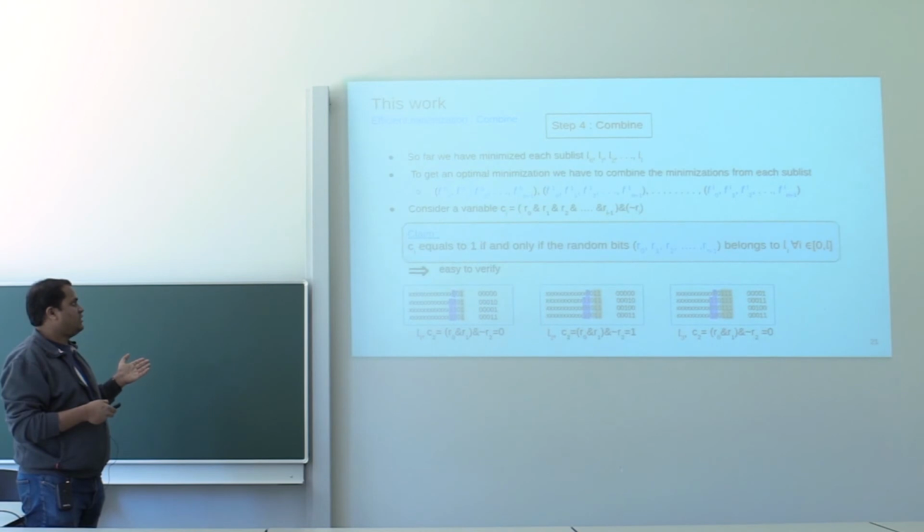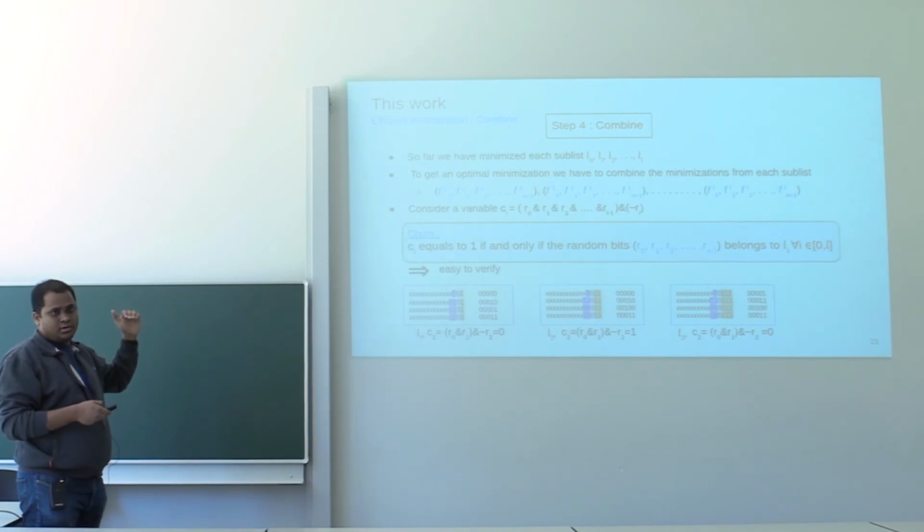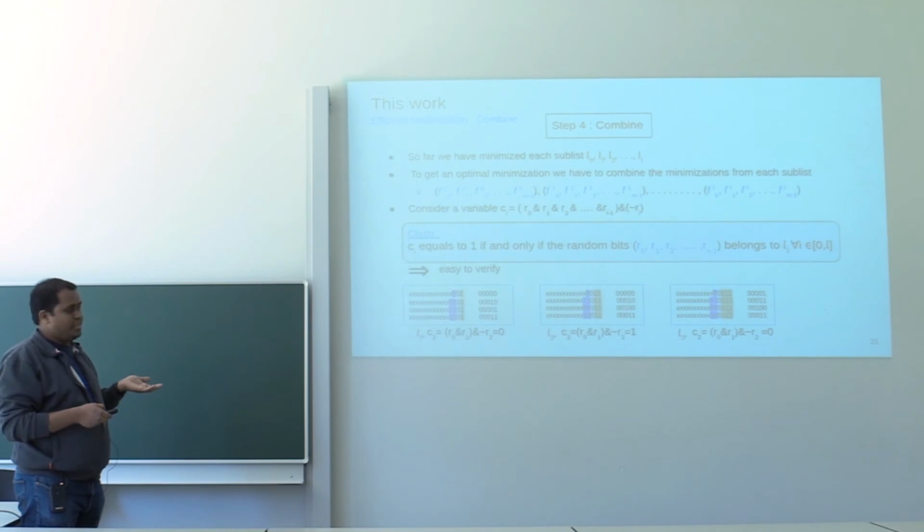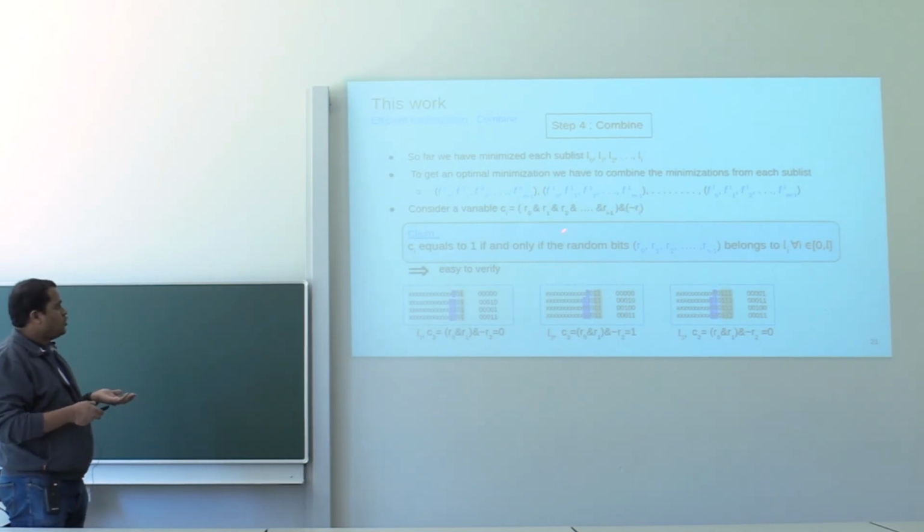Now I claim that c becomes 1 if and only if the input random bit string belongs to the list Li. It's very easy to verify, because consider C2. So C2 is this. When I do R0 and R1, this becomes 0, so it doesn't matter what lies beyond this.